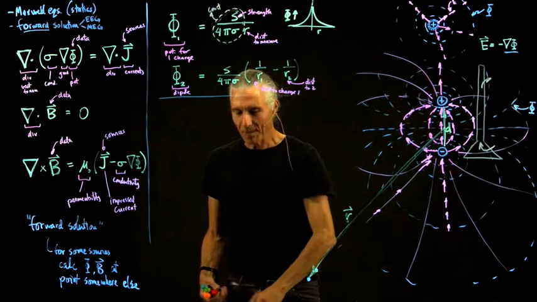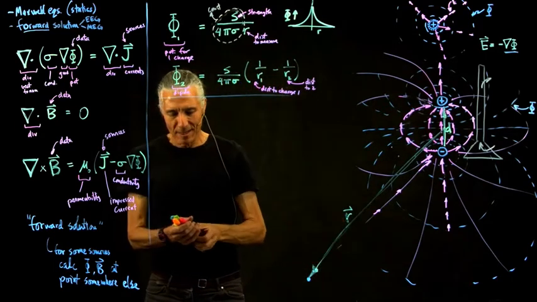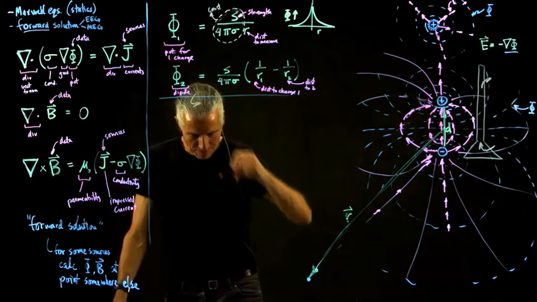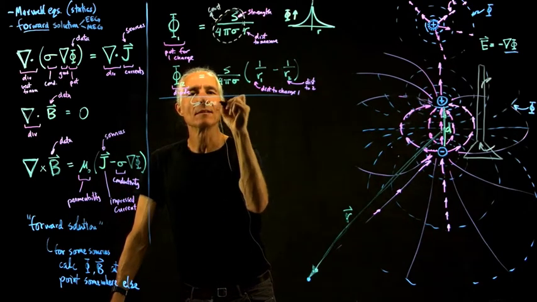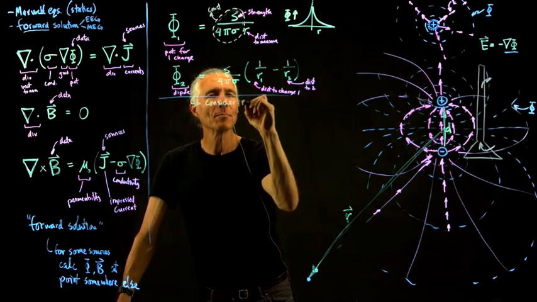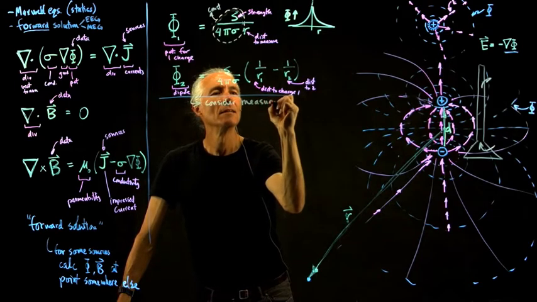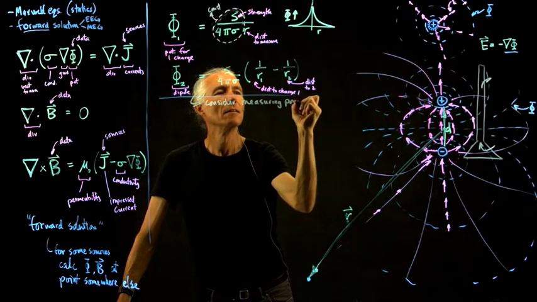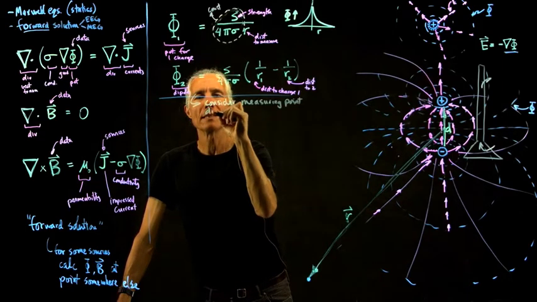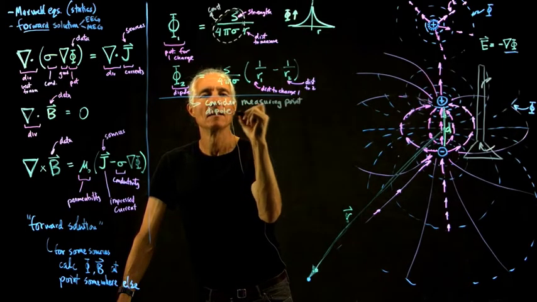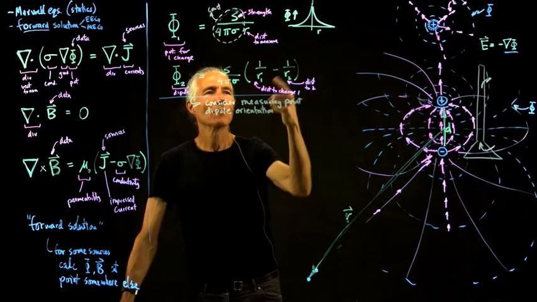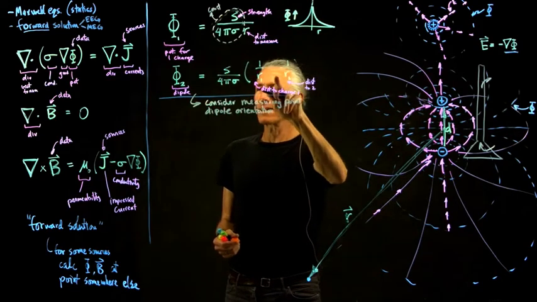And so when we do this approximation, several things are happening. We have to consider the measuring point and the dipole orientation. The dipole orientation was just kind of implicit here.